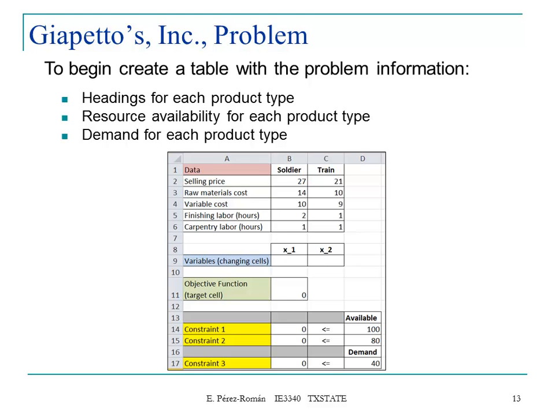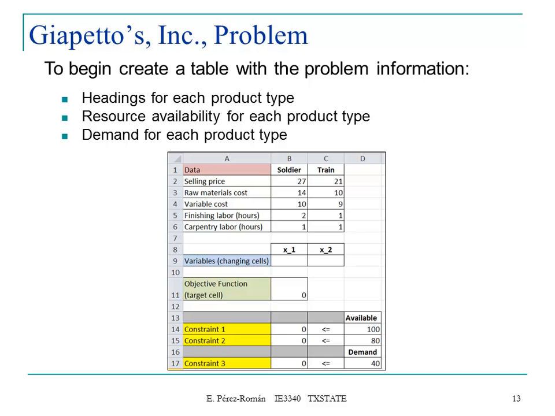Okay, so to begin, you need to create a table with your problem information. So this is just a suggestion that I made. You can create a table with the data of the problem, and then you can identify your changing cells, which are your variables. So in this problem, you only have 2 variables, x1 and x2. Identify your target cell, which is your objective function, and have an independent cell for your target.